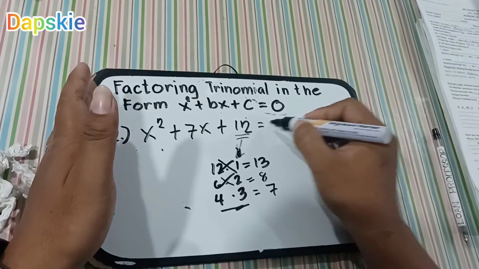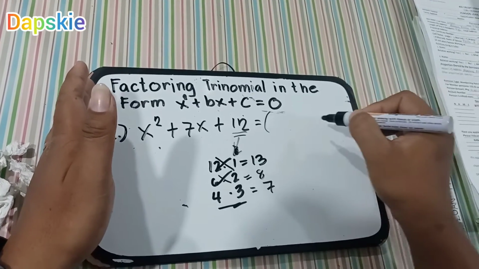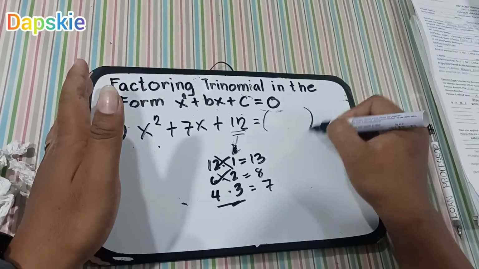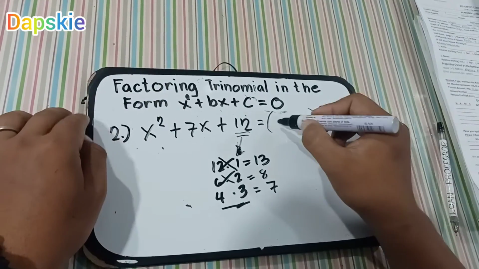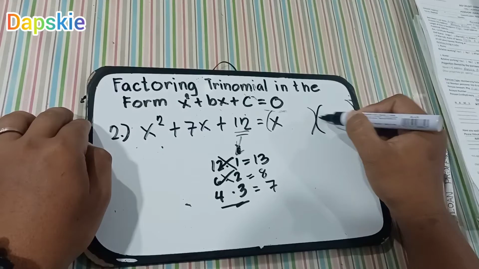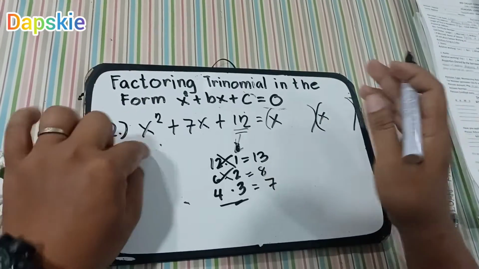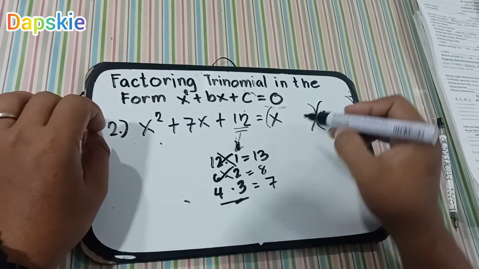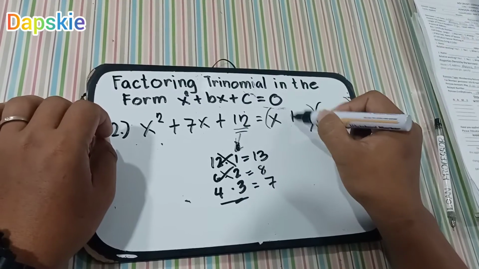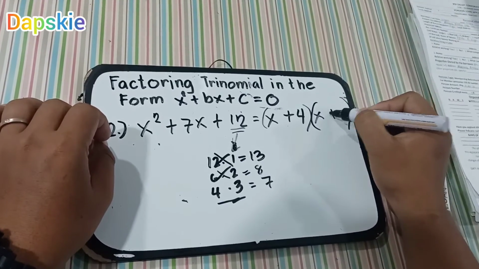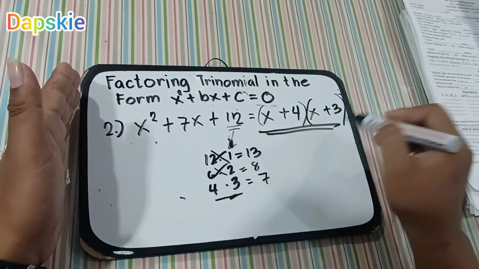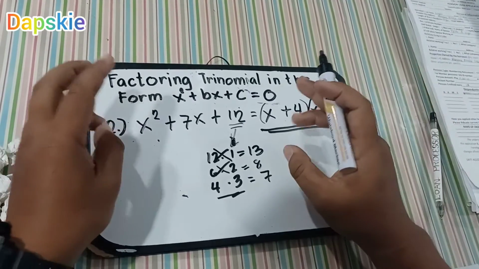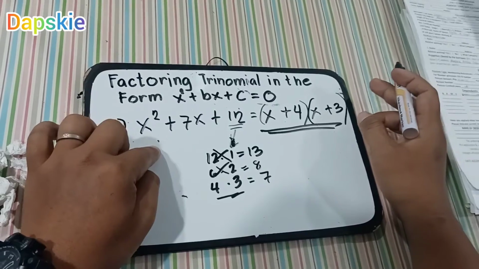We make two parentheses with x, splitting the first term, and use the factors. Since they are positive, plus 4 and plus 3. That's it, and we conclude that this is the factor of this trinomial.